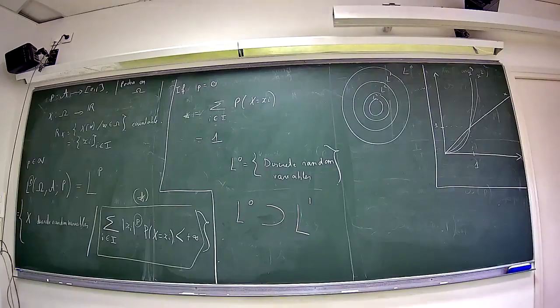I just said that with my definition here, what I call LP of omega, P, that is a notation, is a set of discrete random variables fulfilling this particular condition. So you have inside discrete random variables. You don't have probabilities, you have nothing like this, okay? It's just that the P that is in the notation here will be involved in this sum in the condition.